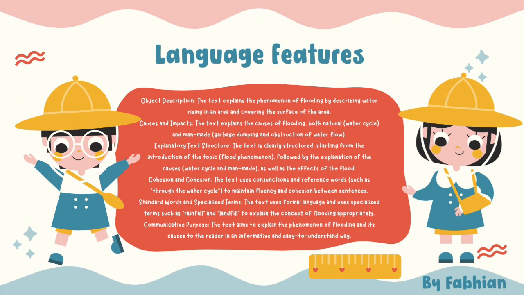Standard words and specialized terms. The text uses formal language and specialized terms such as rainfall and landfill to explain the concept of flooding appropriately. Communicative purpose. The text aims to explain the phenomenon of flooding and its cause to the reader in an informative and easy to understand way.